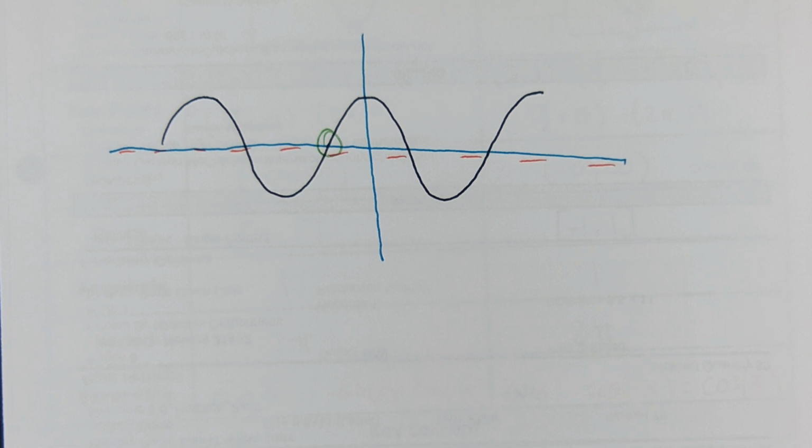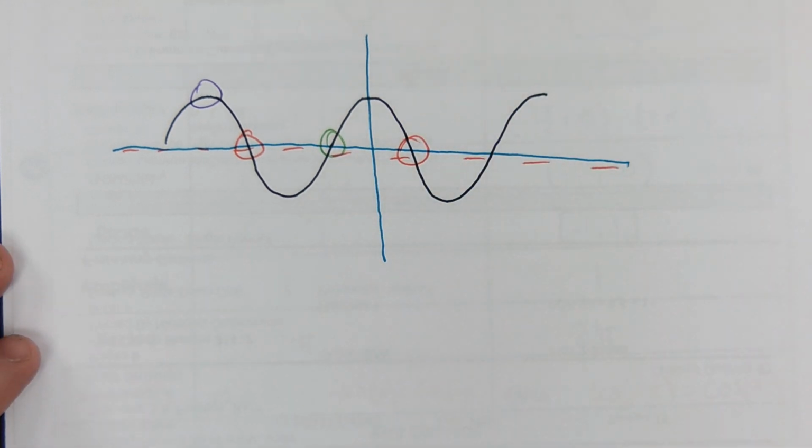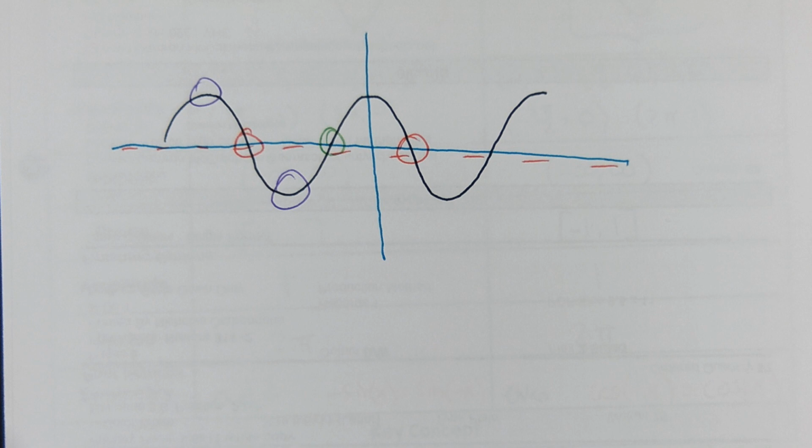Or maybe it actually is a cosine wave, but I started it back here. Maybe, let's really buck the system. Maybe it's a negative sine wave that started there. Or here. Maybe it's a negative cosine wave that started there. You see, it actually doesn't matter.